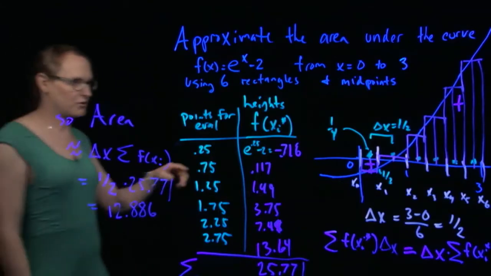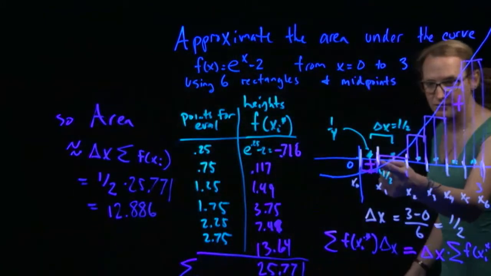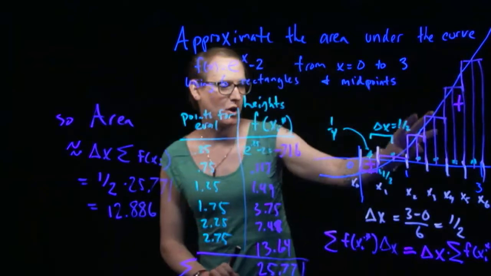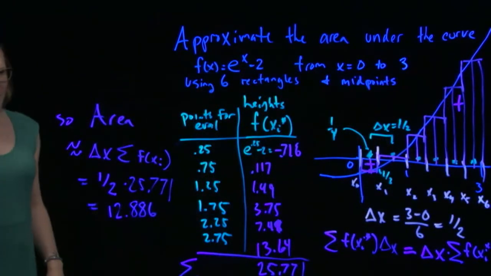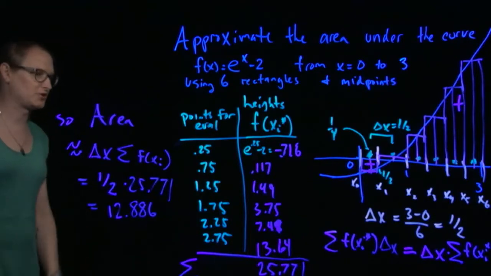So the area under the curve, with this counting as negative and this area counting as positive, is about 12.886.